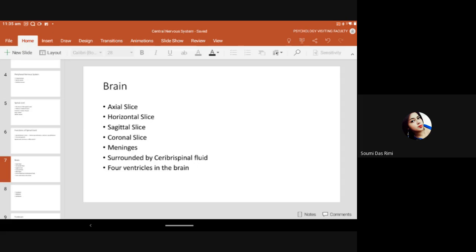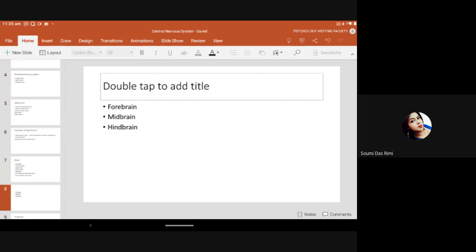Now, the first section that we will study in detail is the forebrain. It has mainly two divisions, the telencephalon and the diencephalon. The telencephalon includes the cerebral cortex, the basal ganglia, and the limbic system.